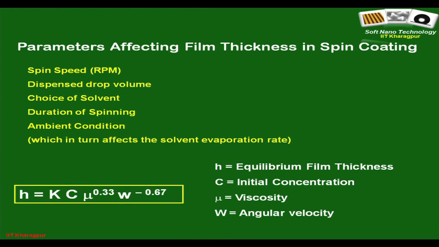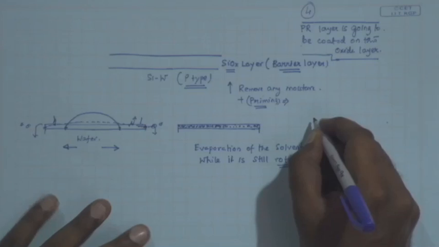So, one of the things is that you get extraordinarily smooth surface, and the second thing is that you can also create very thin films. In fact, by spin coating, films with thickness down to 10 nanometer can be routinely achieved under appropriate conditions. So, for a given substrate size, what are the parameters?